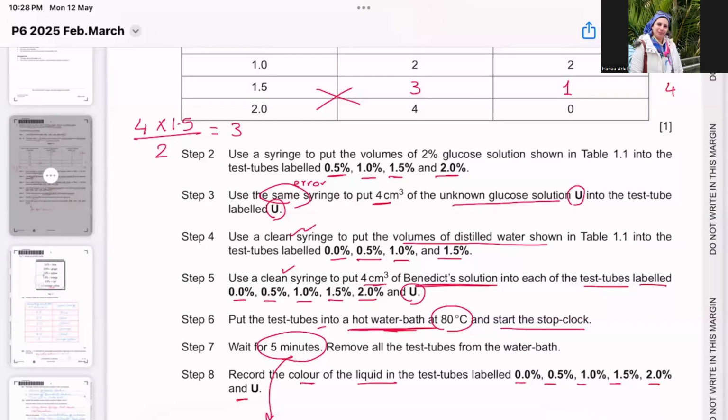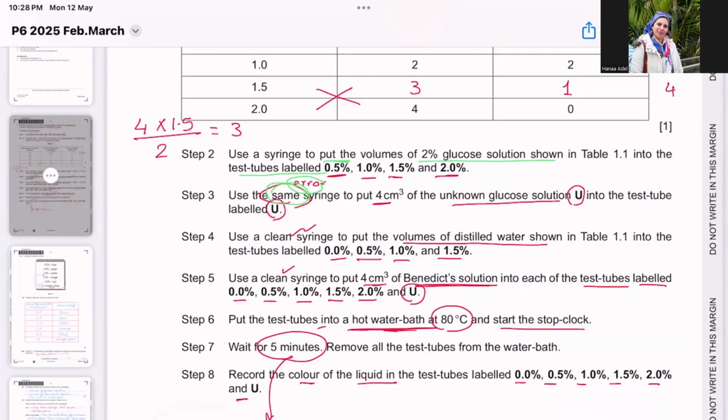Use a syringe to put the volume of 2% glucose solution into the test tubes labeled 0.5, 1, 1.5, and 2. And then use the same syringe that we just mentioned before. Using the same syringe causes contamination that changes the concentration of glucose.